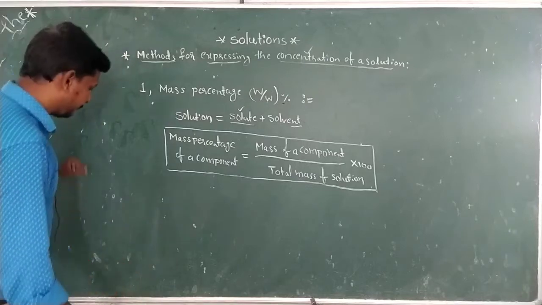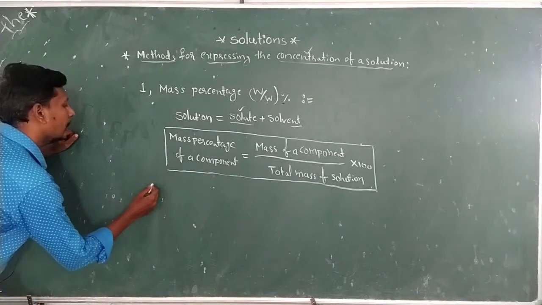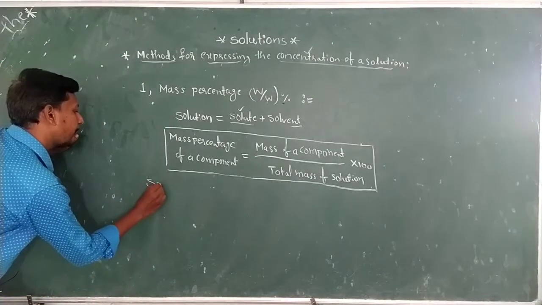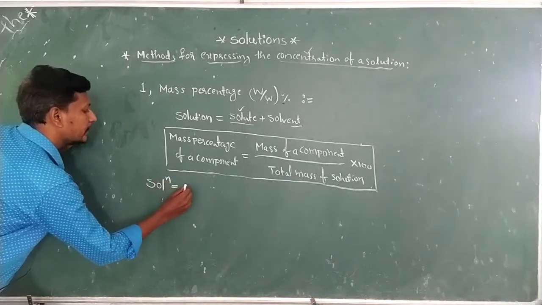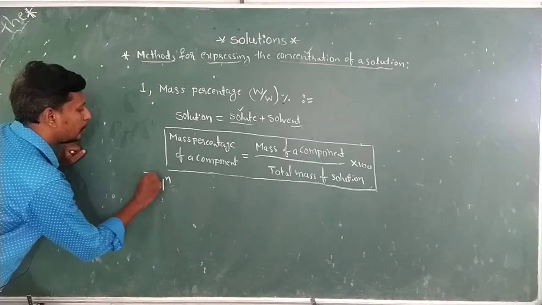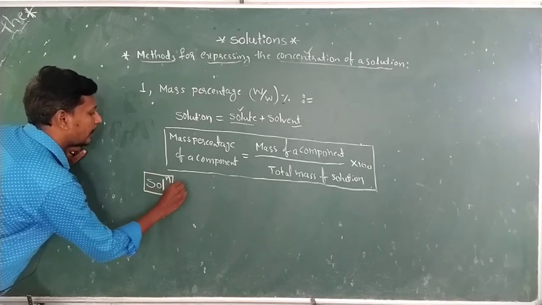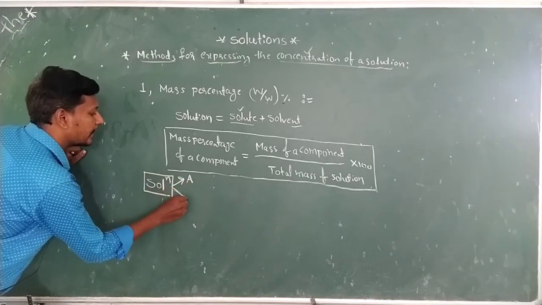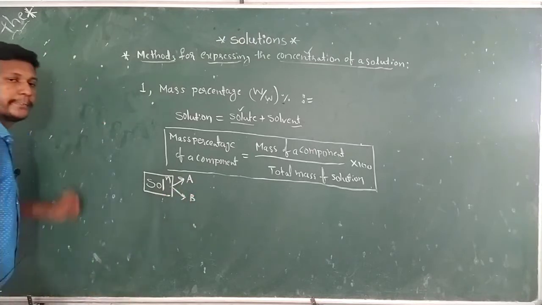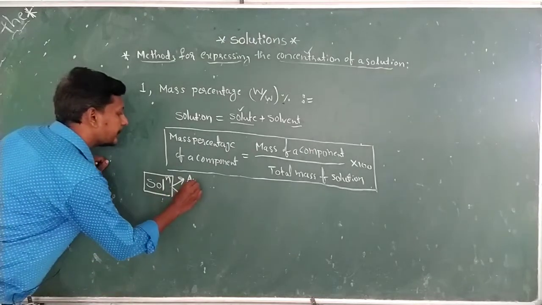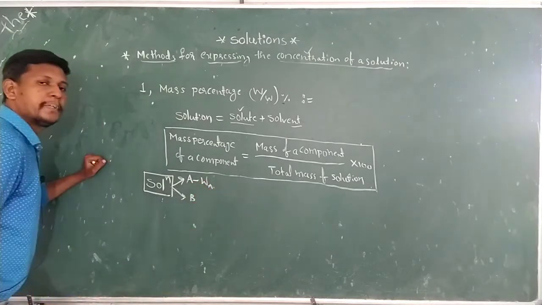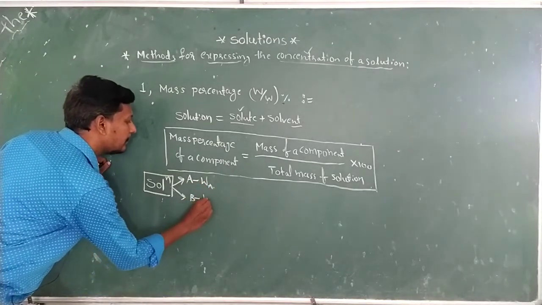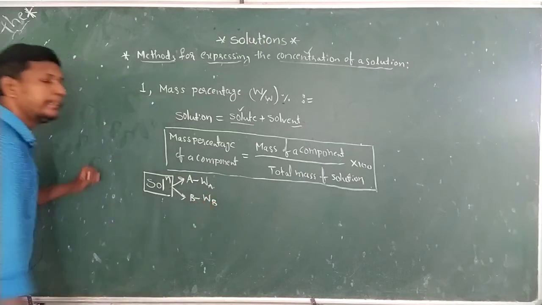For example, here I am taking a solution. Solution containing two components. One component is the A component, another component is the B component. Here, A component has the mass WA and B component has the mass WB.